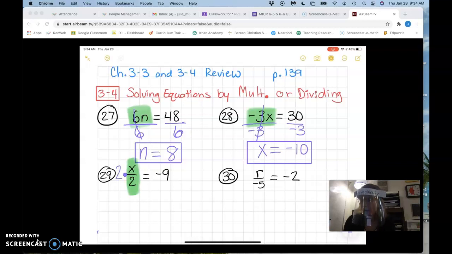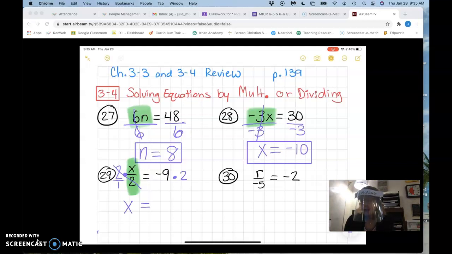Whatever's on the bottom is what I'm going to multiply by. Whatever I do to one side, I have to do to the other. Now on this first side, we're technically multiplying by 2 over 1. And that's how the 2's end up canceling each other out, because they equal 1.